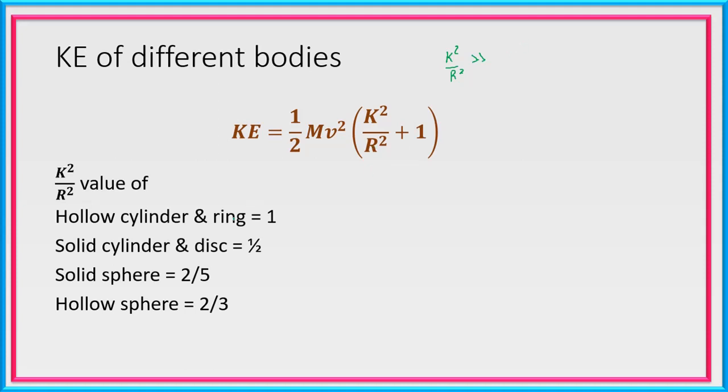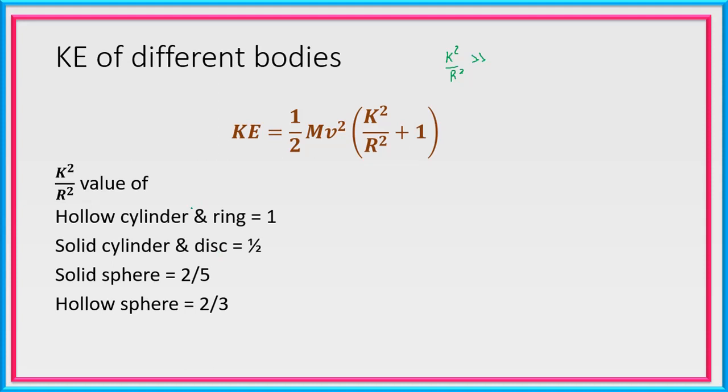You can see that the k square by r square of a hollow cylinder or a ring is equal to 1, while the k square by r square value of a solid cylinder or a disc is half, that of a solid sphere is 2 by 5, and that of a hollow sphere is 2 by 3.